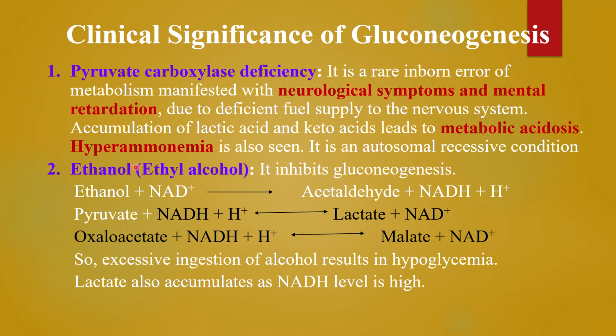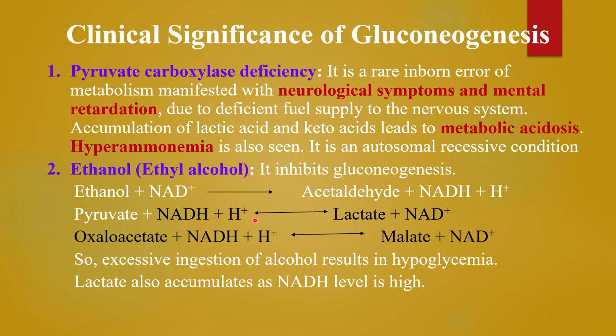Then second is ethanol. Ethanol in excess quantities is going to inhibit gluconeogenesis. You can see how it is involved, because ethanol disrupts the NAD/NADH ratio. Ethanol along with NAD converts into acetaldehyde, and NADH is produced, and this NADH disturbs the whole homeostasis of carbohydrate metabolism, because with excess NADH, pyruvate is diverted to the synthesis of lactate.